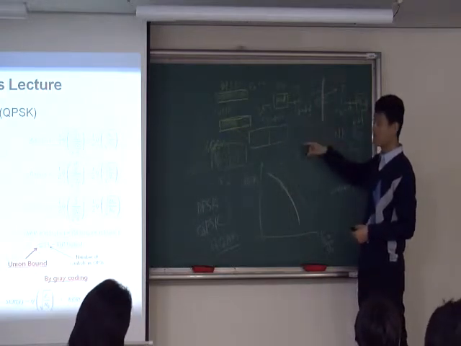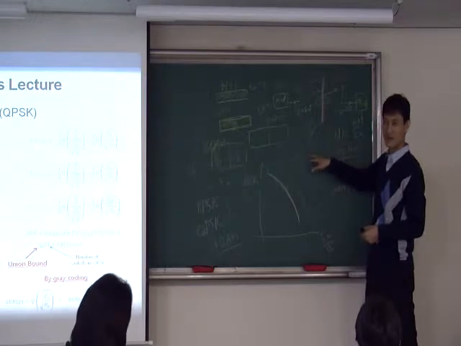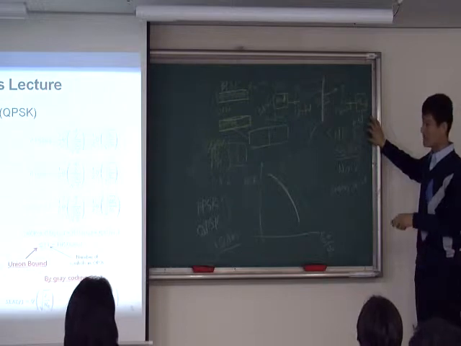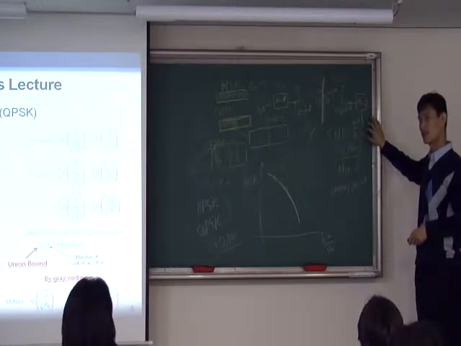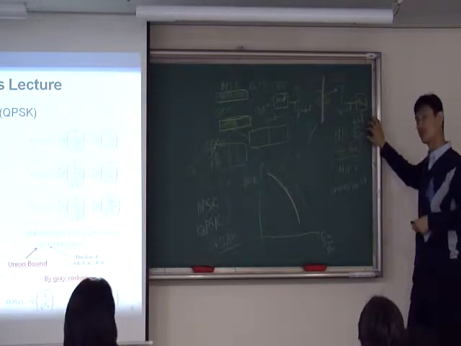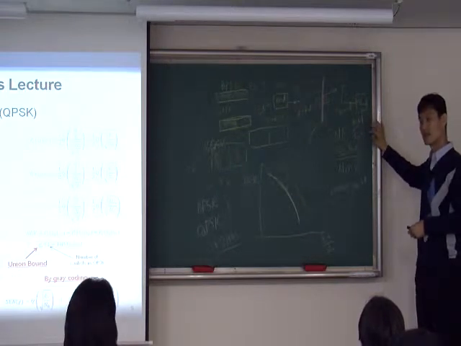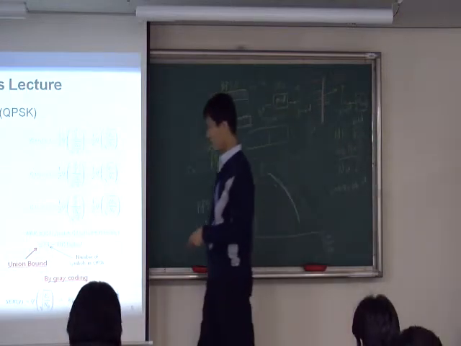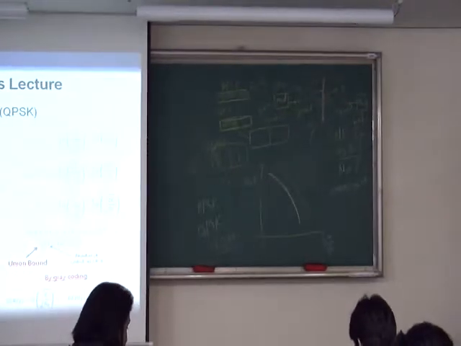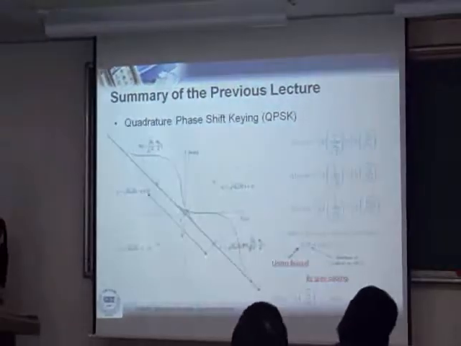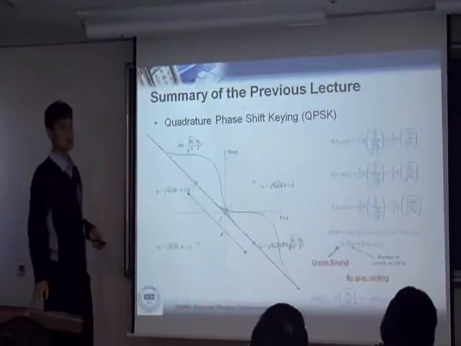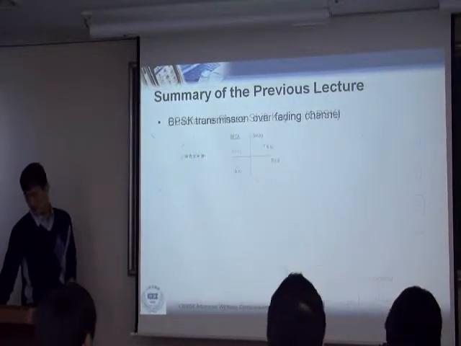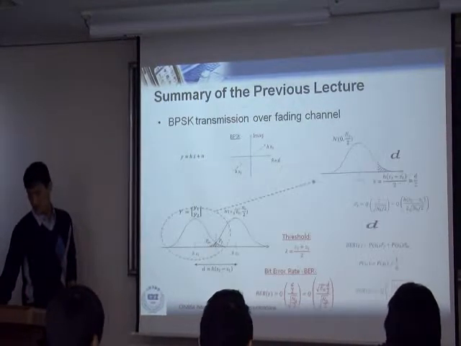Symbol error rate is very different from bit error rate. I mean, symbol energy ES is very different from EB, especially for high order modulation, right? So therefore, your error rate should be different. Any question? No? Okay, so I want you to look at it clearly.